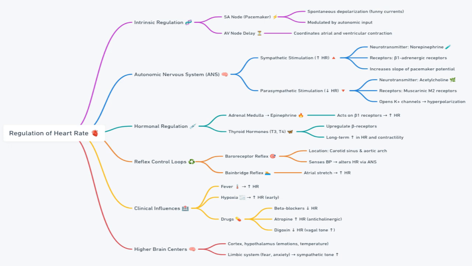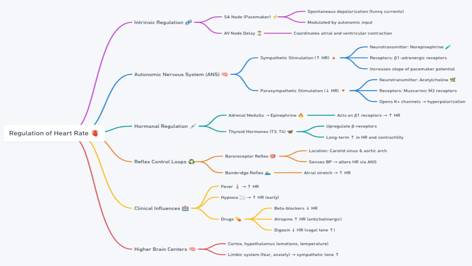For the hormonal and neuroendocrine influences, think of catecholamines: the adrenal medulla releases epinephrine or adrenaline and norepinephrine into the bloodstream during stress or exercise. The effect on heart rate is that circulating catecholamines bind to beta 1 adrenergic receptors, enhancing the pacemaker activity of the sinoatrial node and increasing the heart rate.